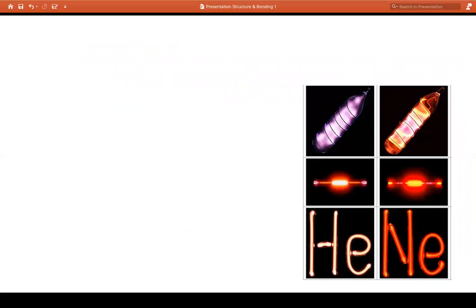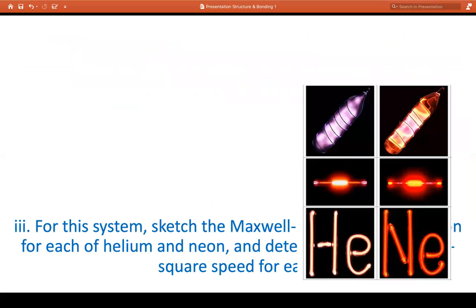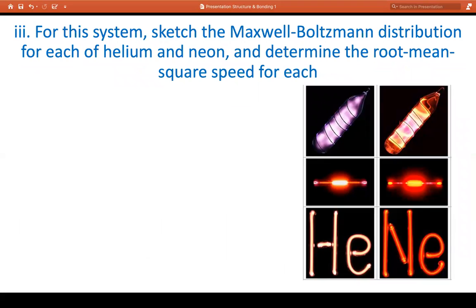Coming to the next question, as you can see, helium and neon gas are shown in the picture. For the system, sketch the Maxwell-Boltzmann distribution for each of helium and neon and determine the root mean square speed of each. The root mean square speed of a gas is the square root of 3RT divided by molar mass, where molar mass is in kilograms per mole.